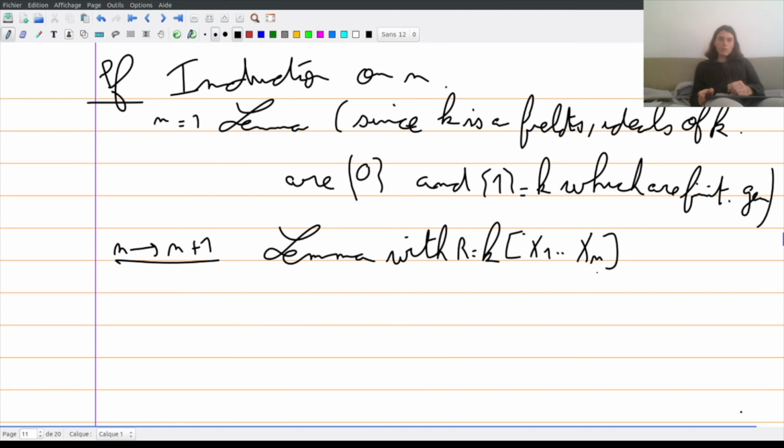So it's a commutative ring. By assumption, if you have an infinitely generated ideal, inside that you have an infinitely generated ideal, but well, you just withdraw the x variable.